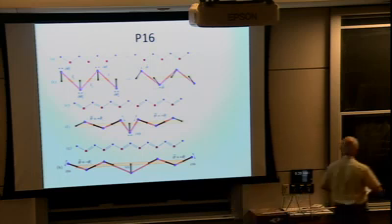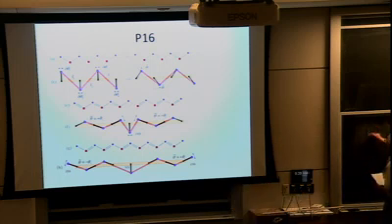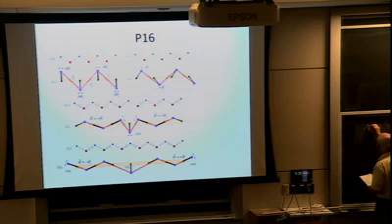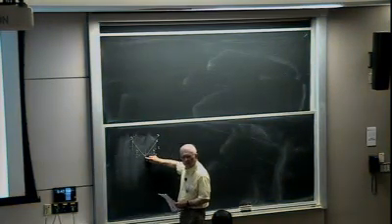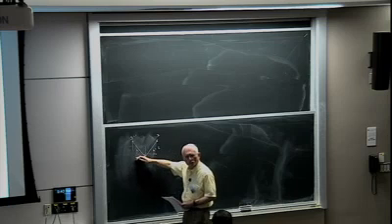So we have schematically, we have sites. This is site 1, site 2, site 3, etc. And we have bonds, etc. And the only degree of freedom each of these things has is the freedom to change this angle.